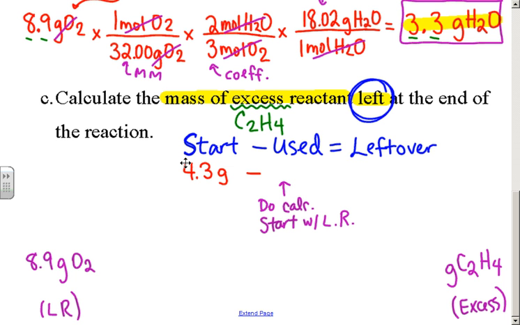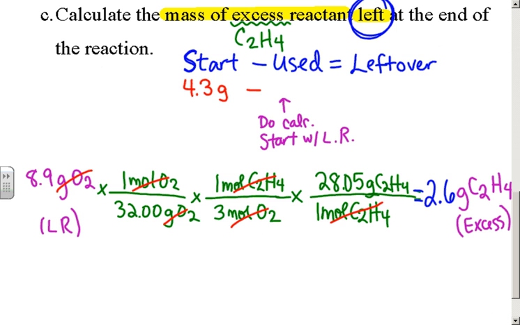I think you can do this one on your own. So from this calculation, I can see that starting with my 8.9 grams of oxygen, my limiting reactant, I was able to make 2.6 grams of the ethene, C2H4. So from my limiting reactant, this is how much I used of the excess reactant in order to react with it. It's like saying, how many slices of meat do you need to go with 4 slices of bread, for example.